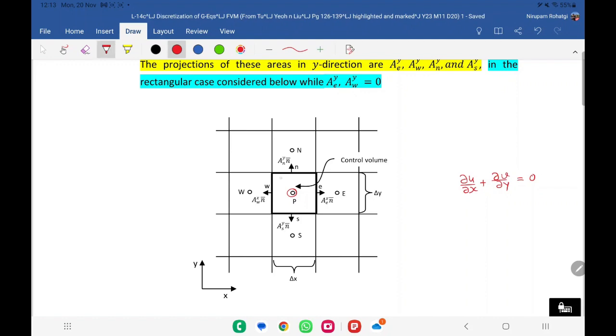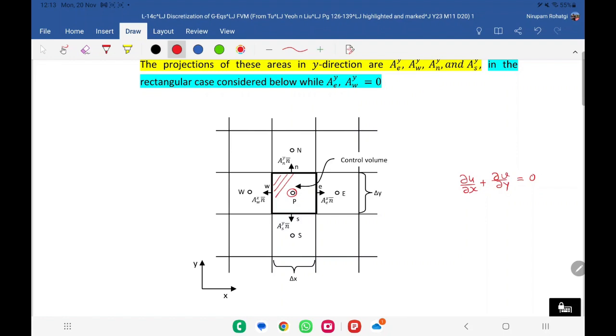Now P is our volume, and around it there are cells. Now the normal way of representing these cells is north, south, east, west. That is easy to remember, whether you are on the left side or on the right side. You could have done 1, 2, 3, 4 also, but traditionally we talk about north, south, east, west.